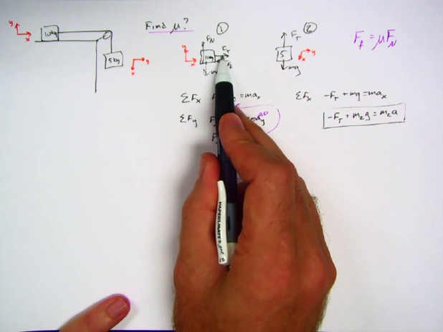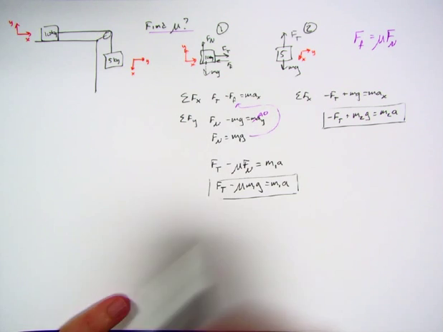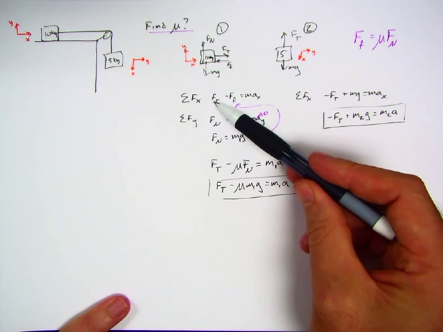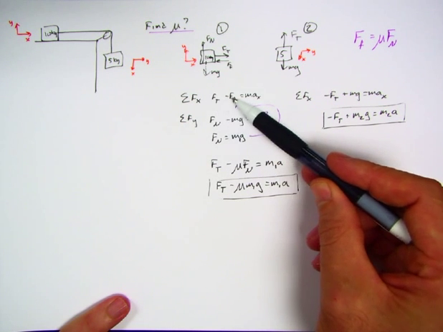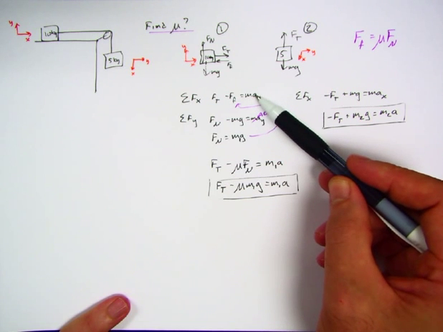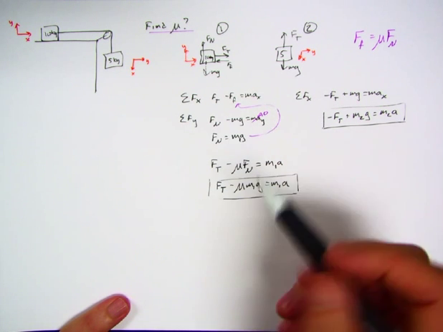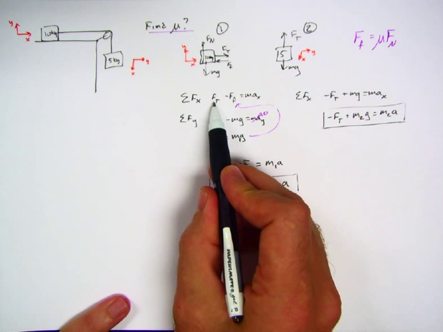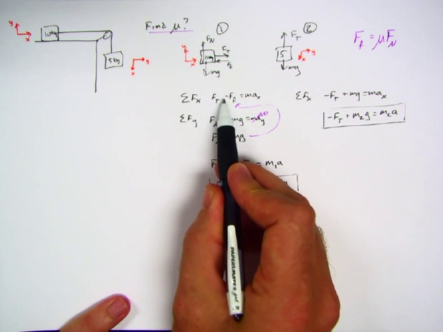If force tension wins, force friction loses, it's going to slide to the right. And if I look down into the equations, if force tension is bigger, then this acceleration will be positive. Makes sense. If force tension is smaller, then it wouldn't be able to move.